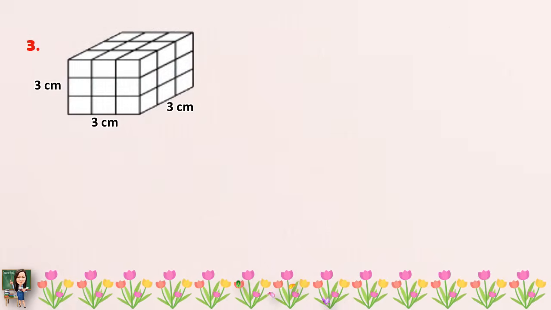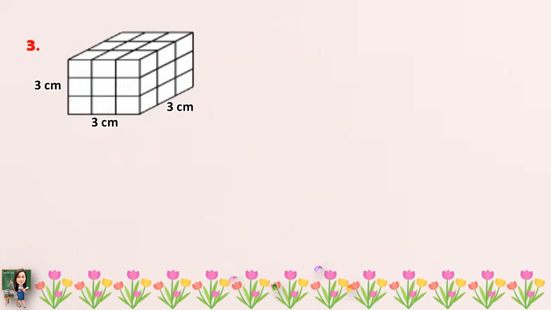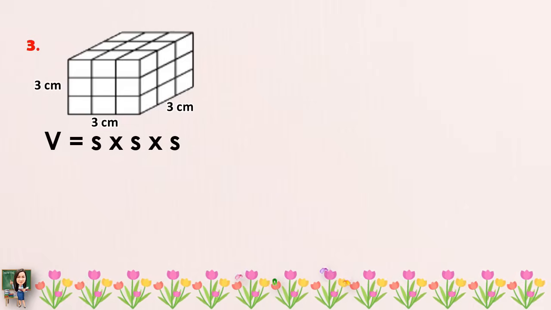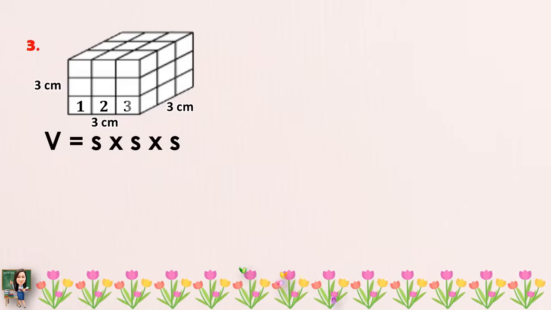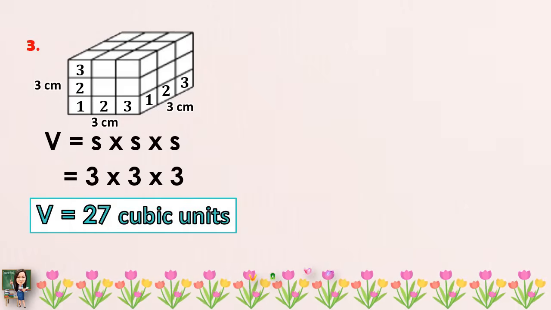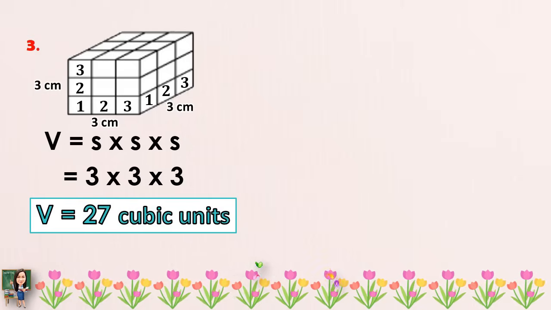Number 3. This is a cube. Each side is 3 centimeters. So the formula for this is volume equals side times side times side, or 3 times 3 times 3 equals 27. The volume of this cube is 27 cubic units.